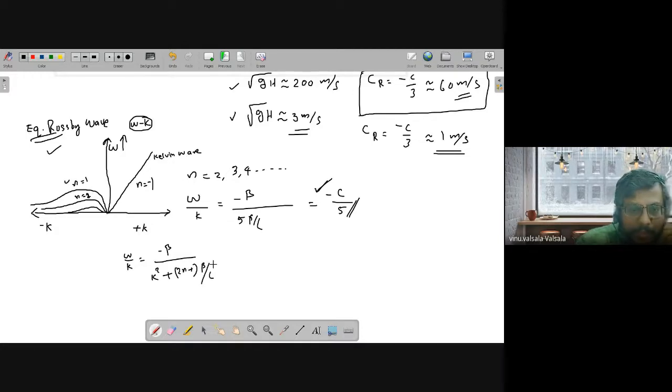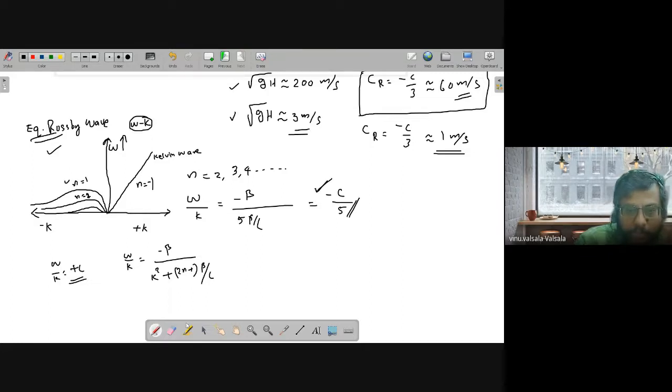In this special case, if I put n equal to minus 1, I am going to get a wave of the type omega by k equal to plus c. That means they travel in the positive direction. That's why I put the line in the positive quadrant of plus k. So this is the Kelvin wave.